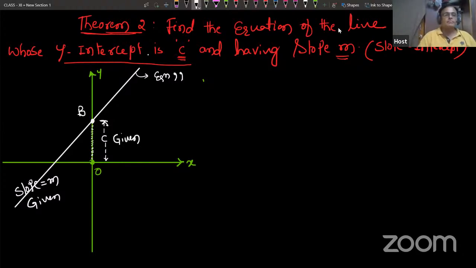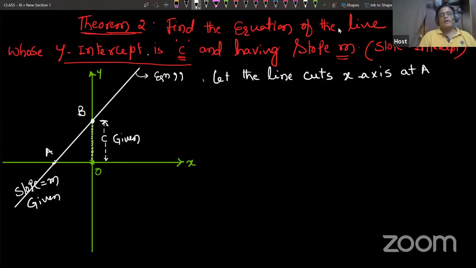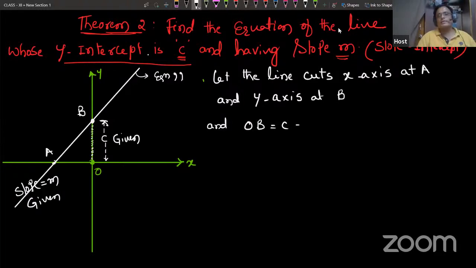Let the line cut the x-axis at A and the y-axis at B, and OB is equal to C, that is called the y-intercept of the line AB.